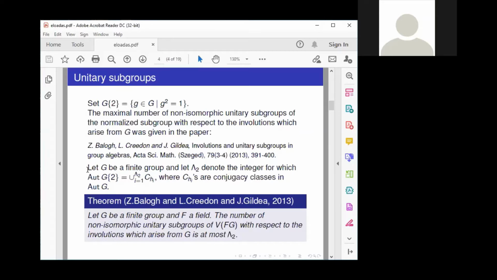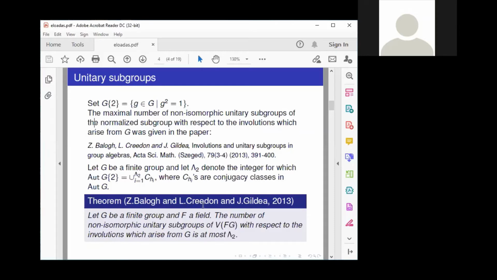If G is a finite group and lambda 2 denotes the integer for which the set of elements of order 2 in the automorphism group is a union of lambda 2 conjugacy classes. So we have lambda 2 conjugacy classes of elements of order 2 in this automorphism group.